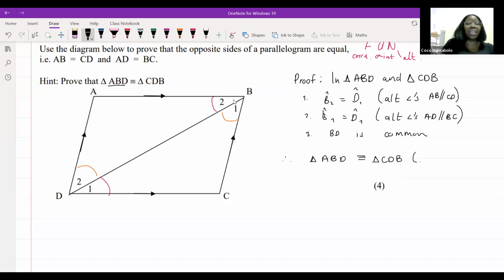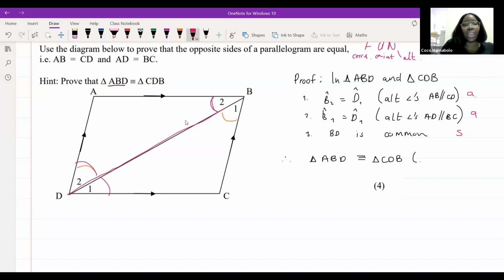What is my reason in this particular case? It's not angle side. Think about it. I've proved an angle right next to a side and another angle. It's not side, we've only got one side, Naledi. This is an angle. I actually forgot to write here. This is an angle, this is an angle, this is a side.